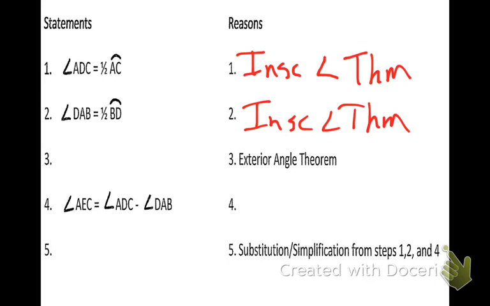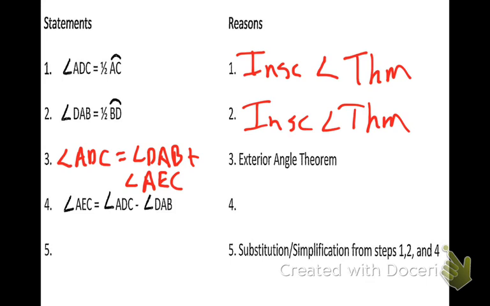Luke, what do I know by the exterior angle theorem? Exterior angle equals the angle 1 and angle 2. Okay, well, give letters to it in this picture. Okay. Angle ADC equals angle DAB plus angle AEC.